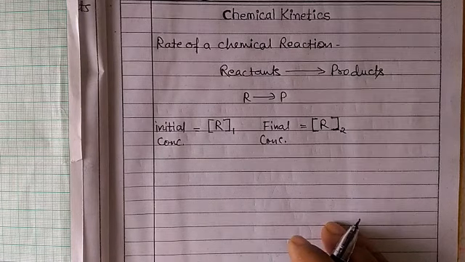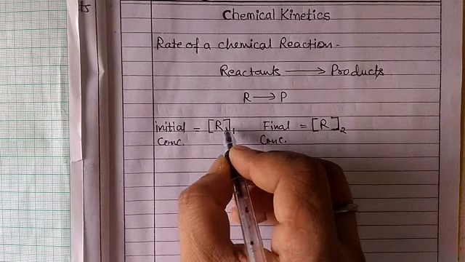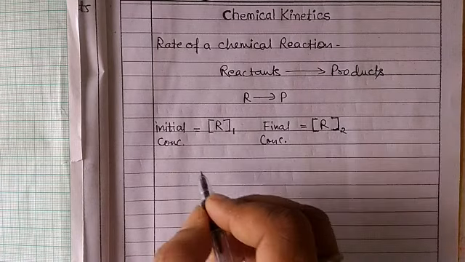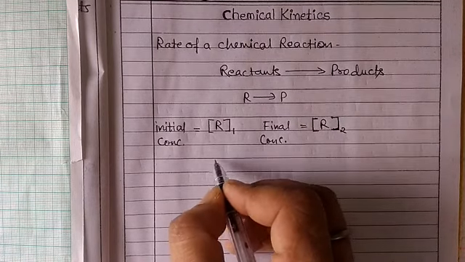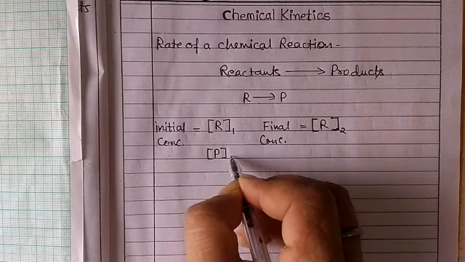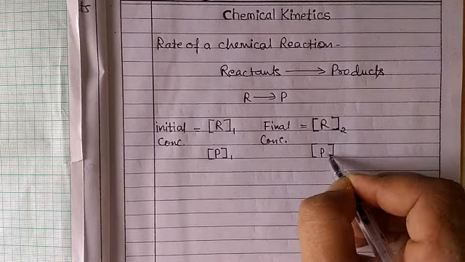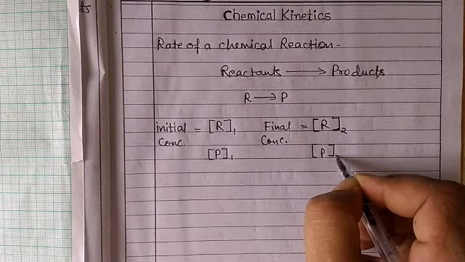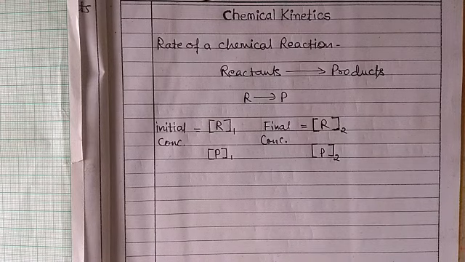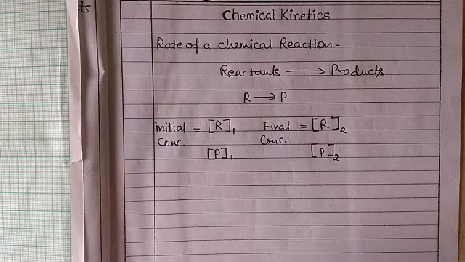Now if a reaction is taking place, in case of reactants, this is how they are represented, and the initial concentration of products will be shown like this, and this for the other part, the final concentration of products. If time is changing, then in that case it will also be represented.